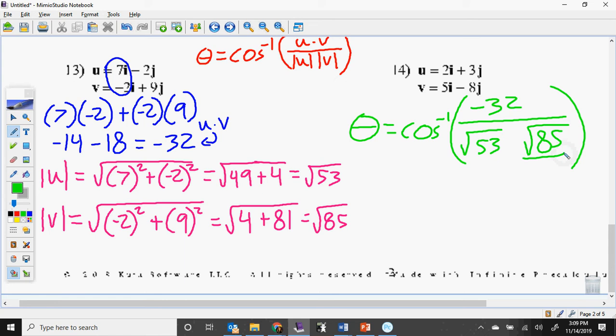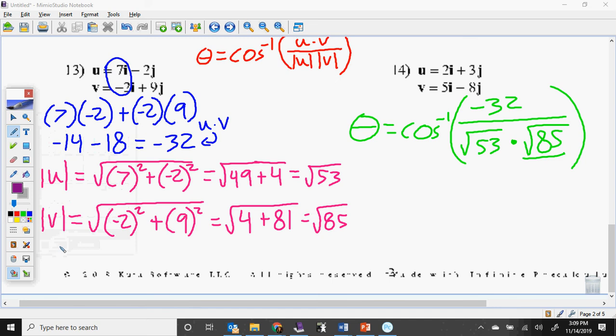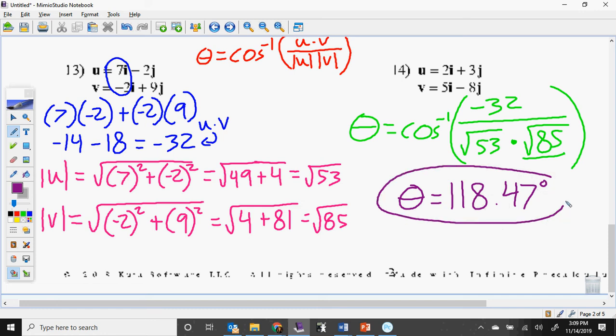They are two separate square roots multiplied together. And if you put it in your calculator correctly, you should end up with 118.47 degrees.